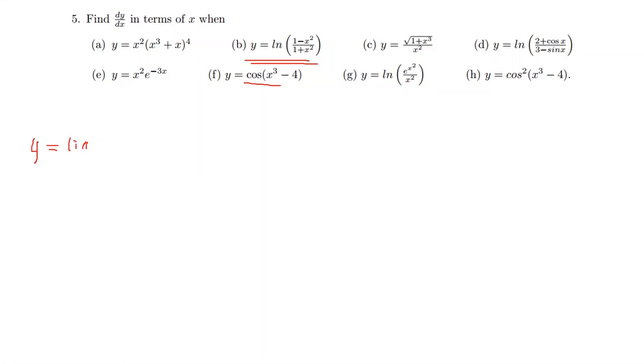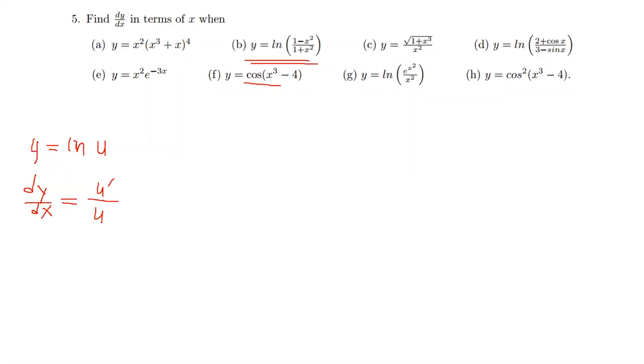I'll call the function inside the ln u. So when you've been given something like this, ln u, to find dy dx of ln u, you find the derivative of u, which is u prime, over the original function, which is u.